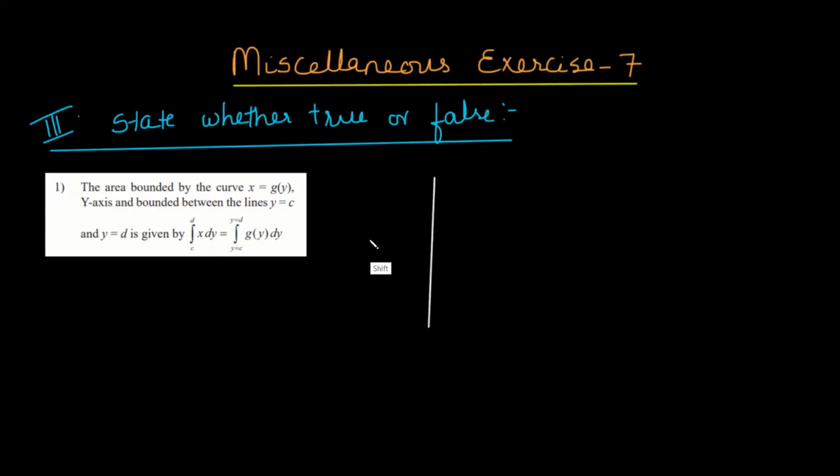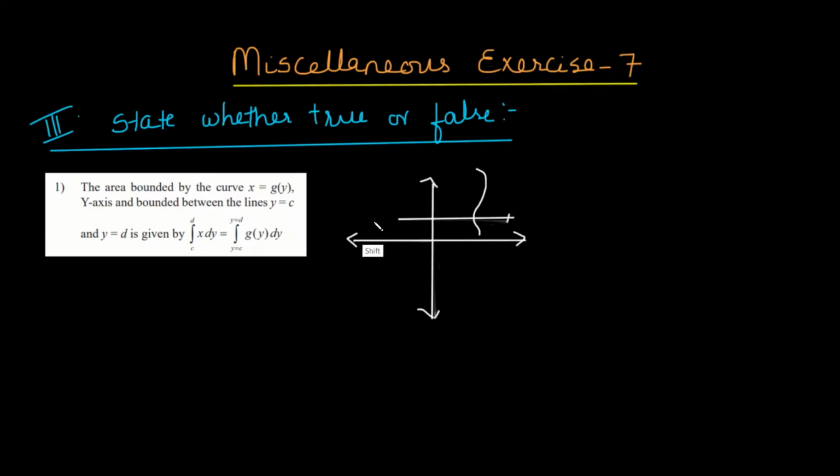Suppose this is our x-axis and our y-axis. And suppose this is our curve, x is equal to g of y. So this becomes our curve. The lines are y is equal to d and y is equal to c.